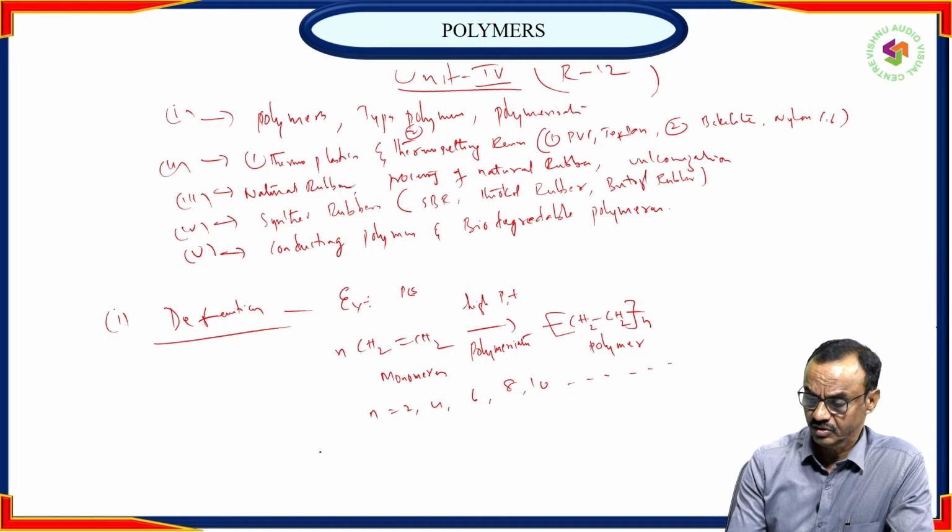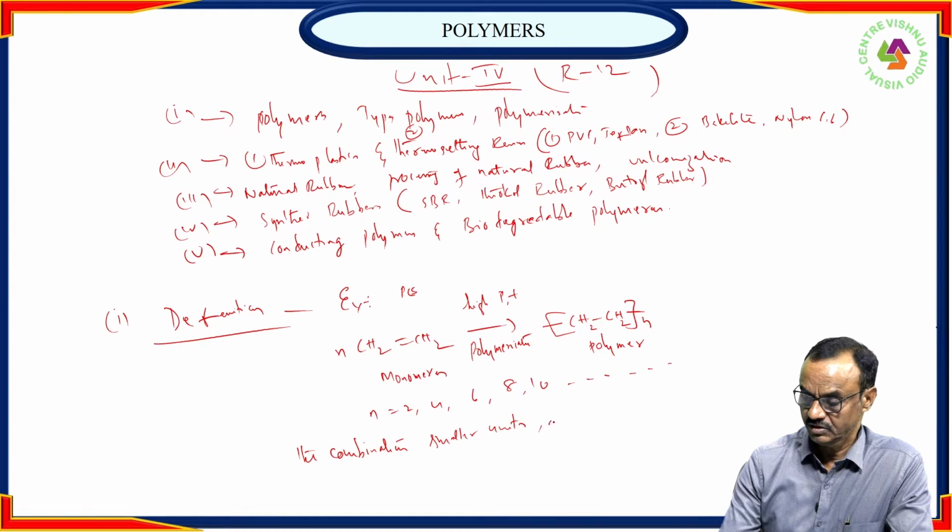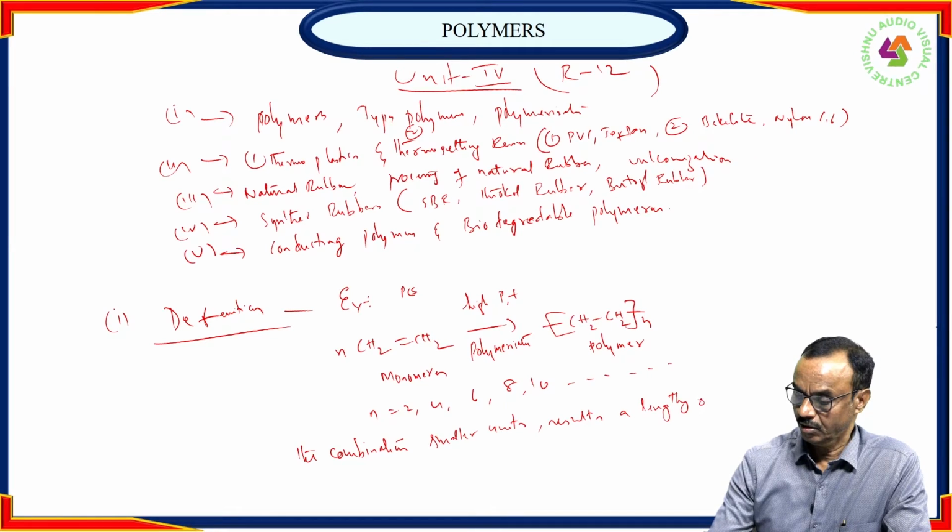If you observe, first define what a polymer is. The combination of smaller units results in the formation of a lengthy or bulky product.